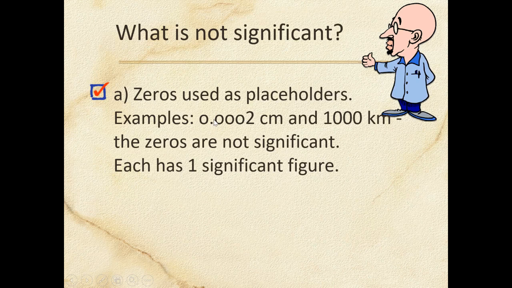So none of those are significant. There is only one significant figure in that example, and that is the number 2, because it is a non-zero number. Additionally, in 1,000 kilometers, the 1 is the only significant figure in there. All of the other zeros are considered placeholders between the significant figure and the decimal place.